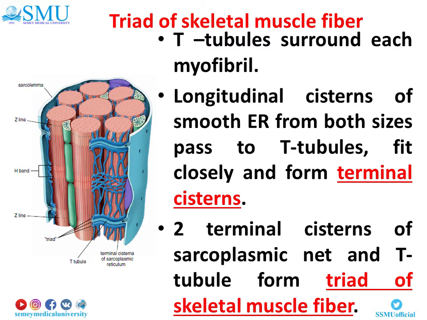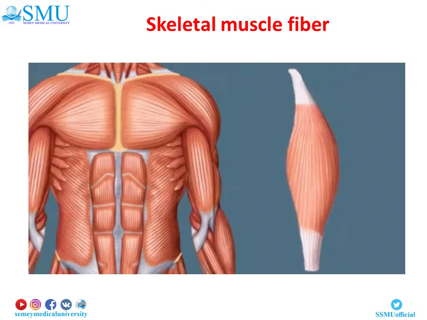Triad of skeletal muscle fiber. So longitudinal cisterns of smooth endoplasmic reticulum from both sides pass through T-tubules, fit closely and form terminal cisterns. In a relaxed muscle fiber, the sarcoplasmic reticulum stores calcium ions. Release of calcium ions from the terminal cisterns of the sarcoplasmic reticulum triggers muscle contraction.